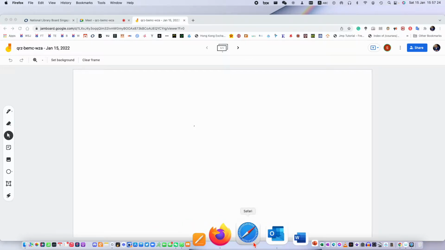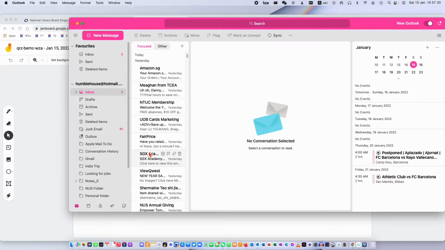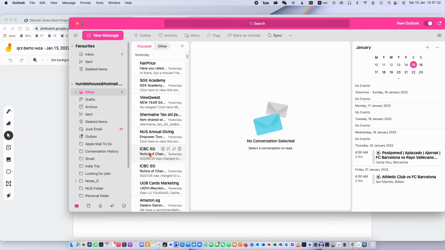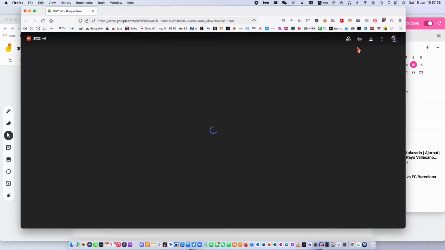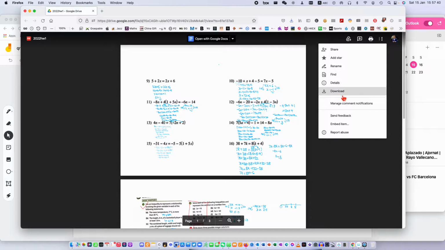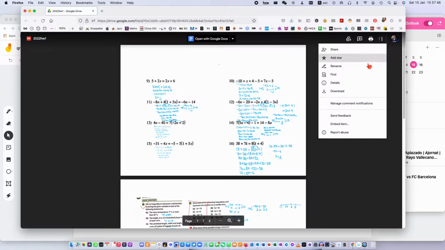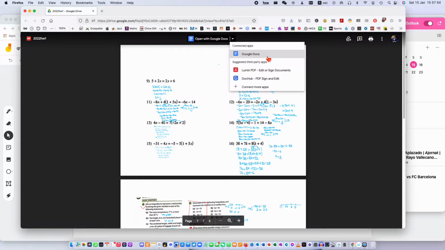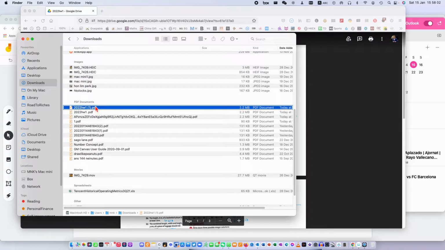It doesn't look very clear to me. Can you put the orange filter off if you can? But it's very bright. You can reduce the brightness. Hold on, let me just. Okay, I downloaded it and got it to my computer.